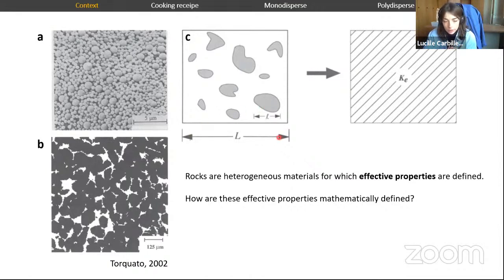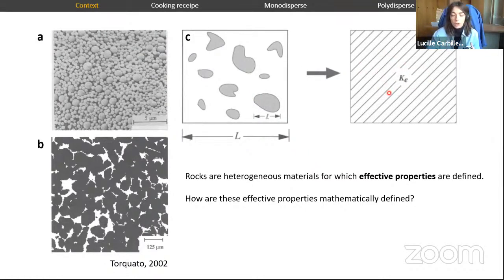If capital L is much bigger than a small l, so if the macroscopic length scale is much bigger than the microscopic one, the heterogeneous material can be treated as a homogeneous material with effective properties.